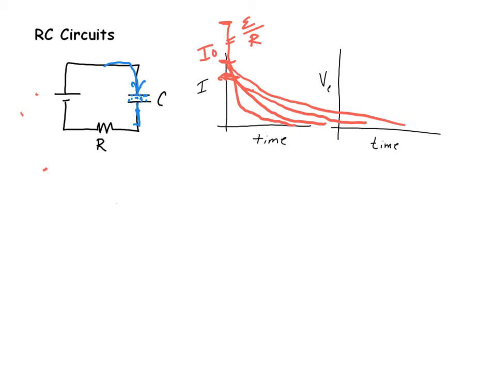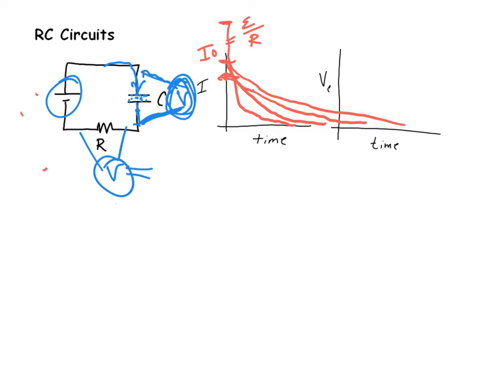But right at first, the current is high. If I put a voltmeter across the resistor, it's going to read whatever the voltage source is. If I put a voltmeter across the capacitor, at first it will measure 0, and then eventually all of the voltage is going to drop across that open spot in the circuit. This one will approach 0, and this one will approach whatever voltage the source is.